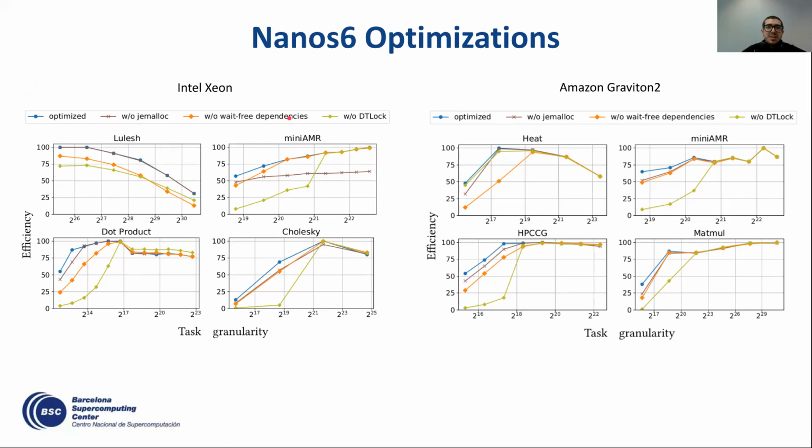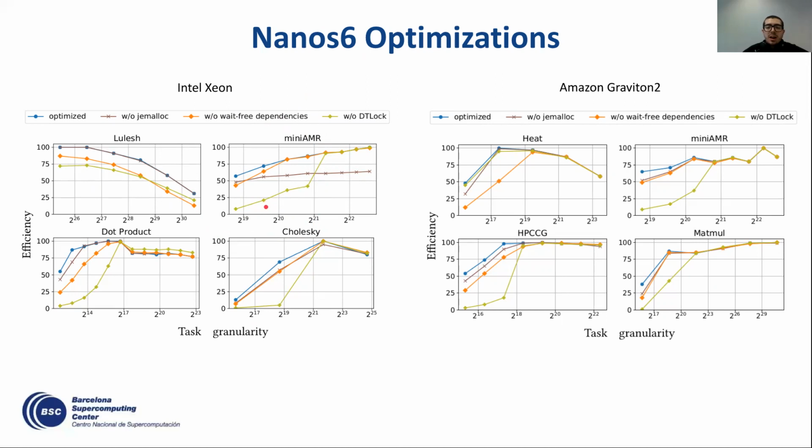So on most benchmarks, the scheduler is the most important one. For example, here on the miniAMR, the scheduler having a global lock means that on the smaller granularities here on the left, the performance is much lower. Thus, this application would scale out worse.